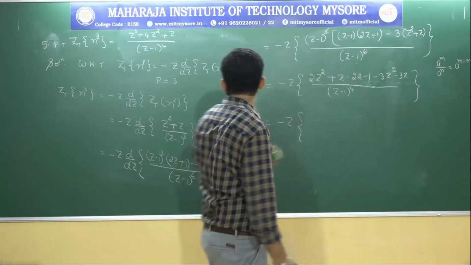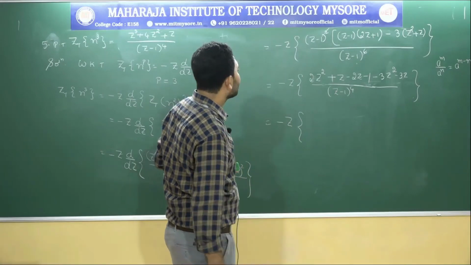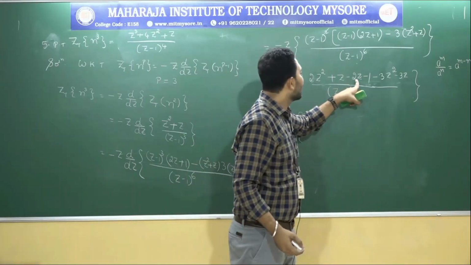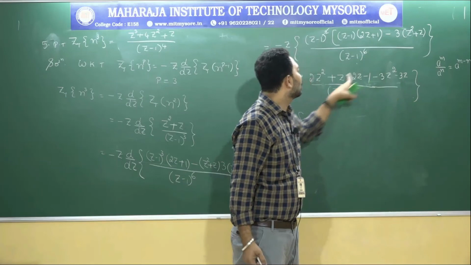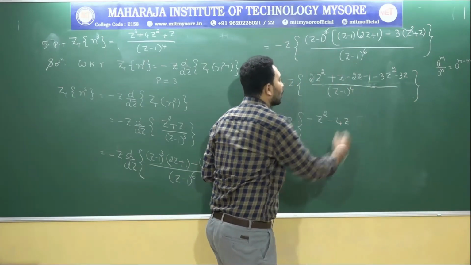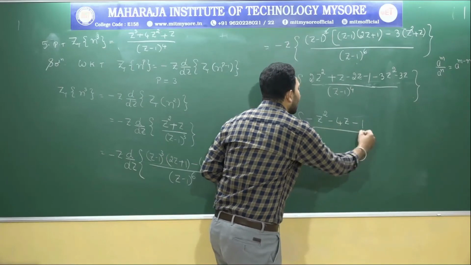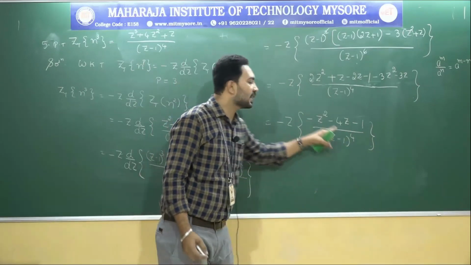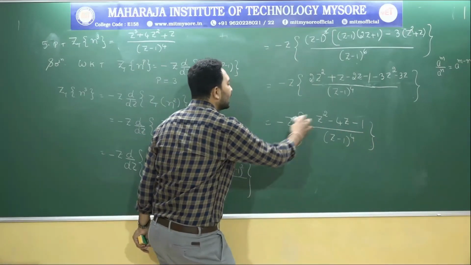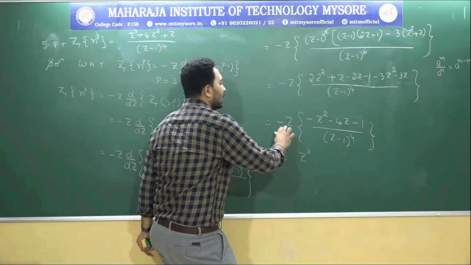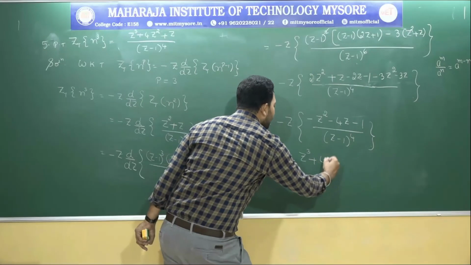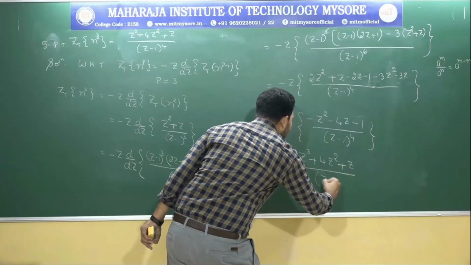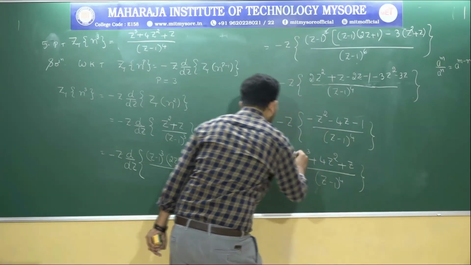So 2z square minus 3z square gives minus z square. Next, minus 2z minus 3z is minus 5z, plus z is minus 4z. Next, minus 1, divided by z minus 1 power 4. So multiplying this minus z inside, we get minus z into z square, that is minus z cube, minus z into minus 4z, that is plus 4z square, minus z into minus 1, that is plus z, divided by z minus 1 power 4.